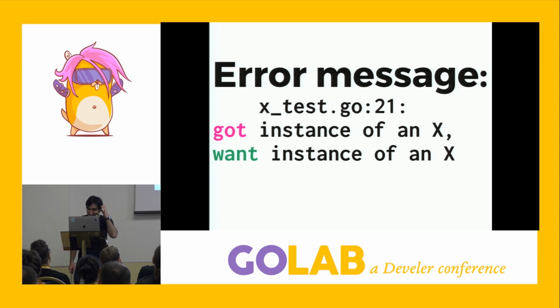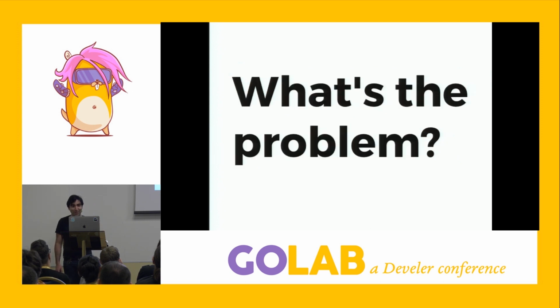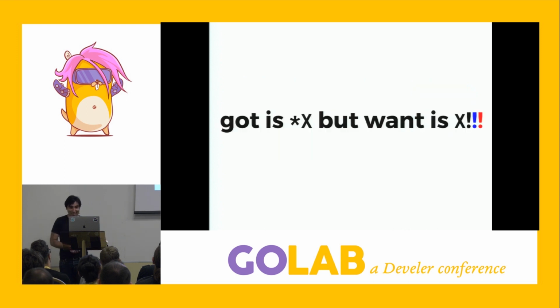And we spend tens of minutes trying to debug this. What's the problem? Yes. The problem is that got is a pointer to X and want is an X. And it's hard to see this looking at the test sometimes. You can just stare at it and like, got and want look the same. All X's are the same.